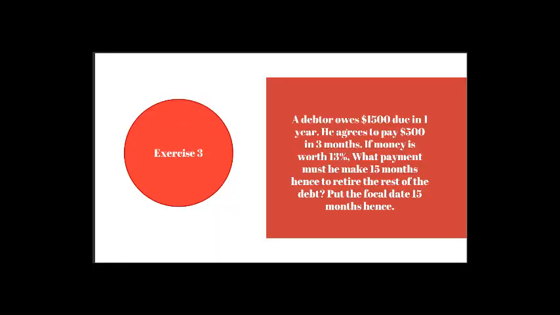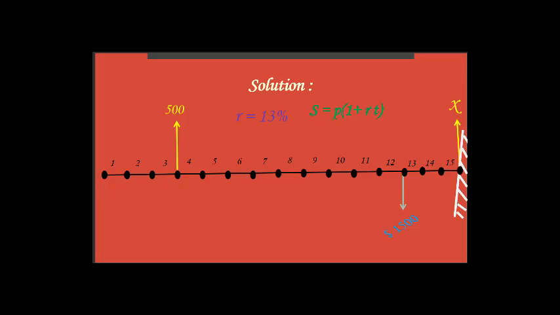Note that in this example he says put the focal date 15 months hence. After drawing the timeline, the focal date lies after the maturity dates of old and new. In this case, the value of old, the value of $1,500, equals the value of the new obligations.